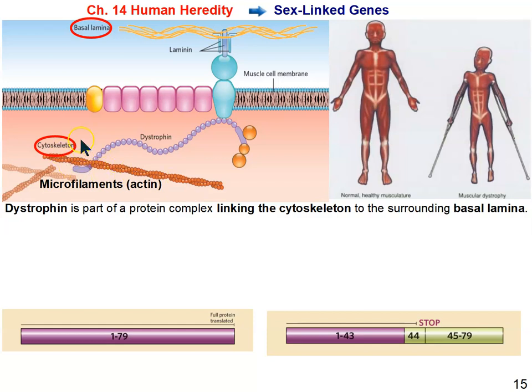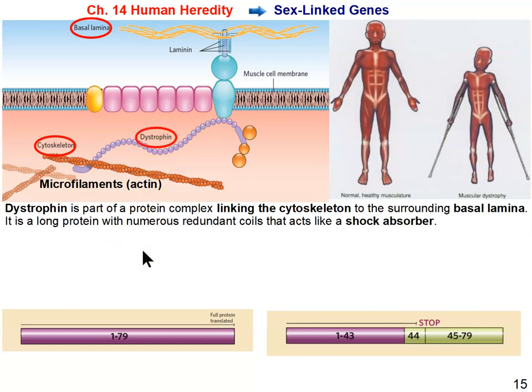So there's a connection between the cytoskeleton microfilaments and the basal lamina outside the cell, and so that anchors the cell. And it's a complex of proteins. Dystrophin's the one that we're only going to really worry about, because that's the one where the mutation causes it to either malfunction or not be present. So that's what connects them. It's a long protein with numerous redundant coils that acts like a shock absorber. It's almost like a spring.